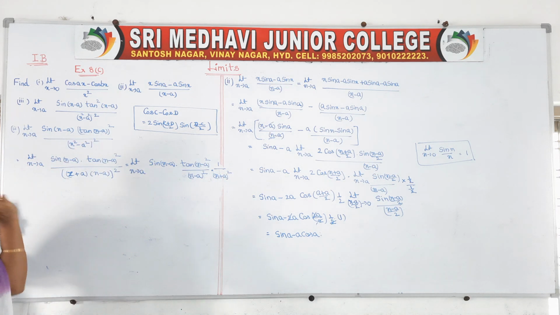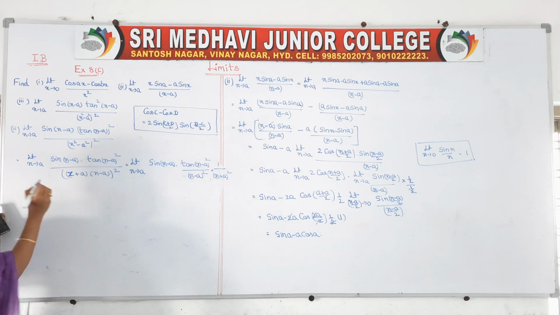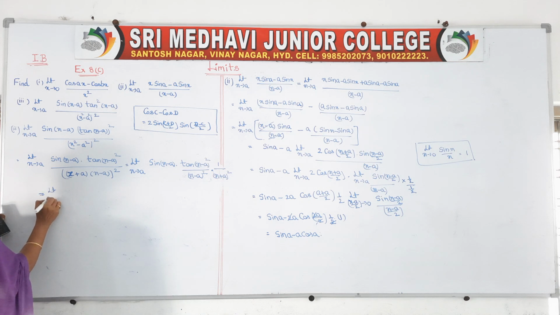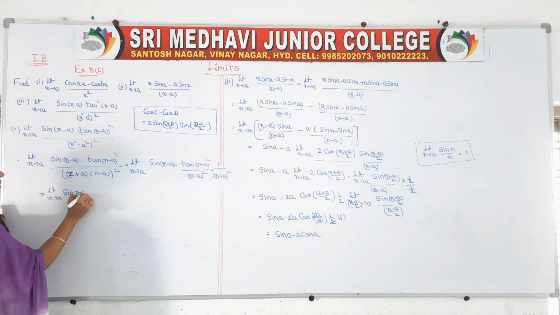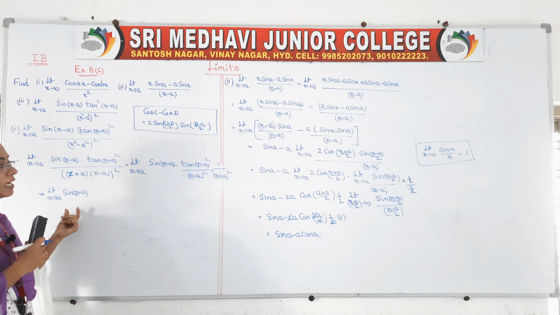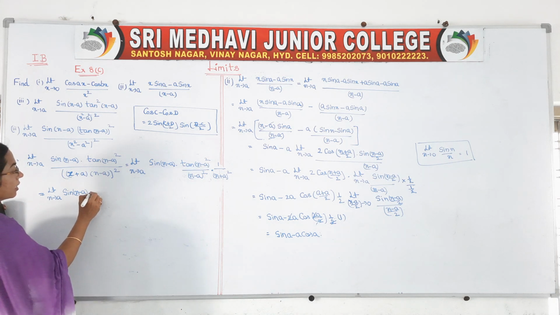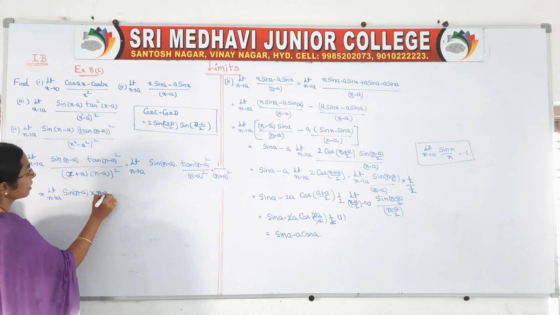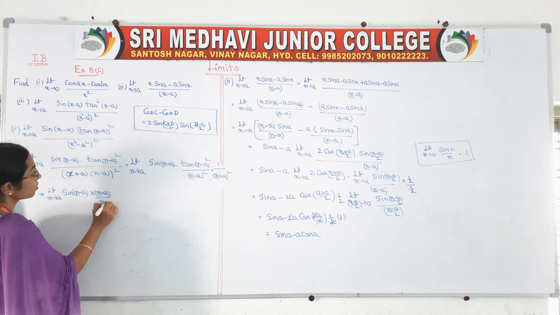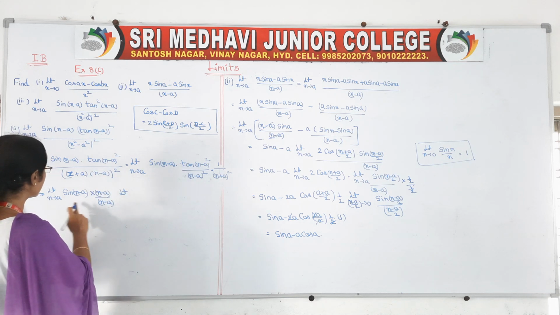Okay, so now if you observe, we can apply the limits separately. So, how can we apply the limits separately? Limit x tends to a, sin of (x minus a), right. For this we need x minus a downwards, so multiply and divide with x minus a. Okay, so next term, you apply limit x tends to a.